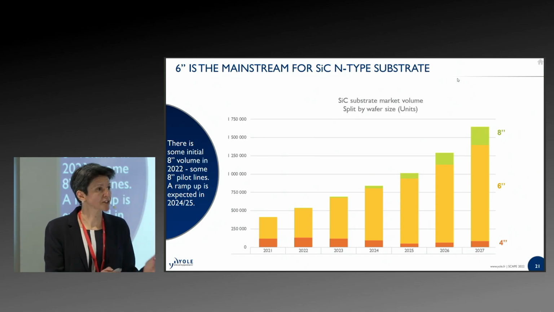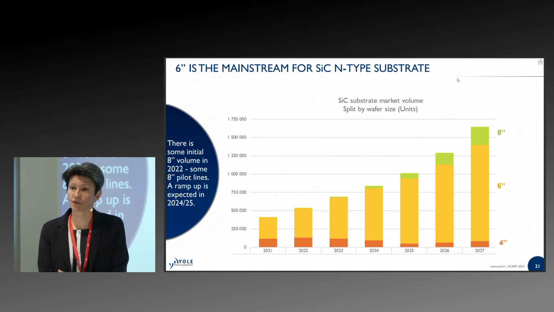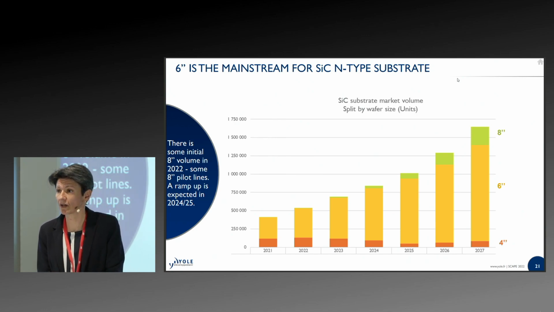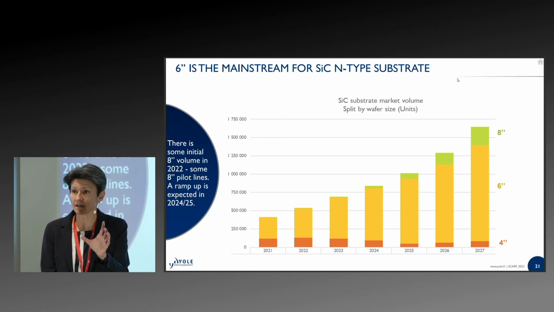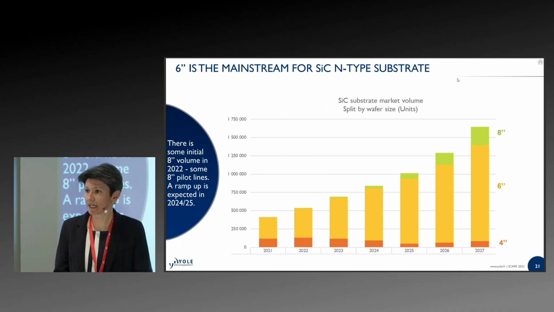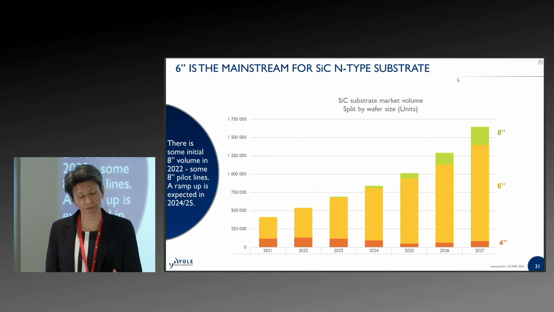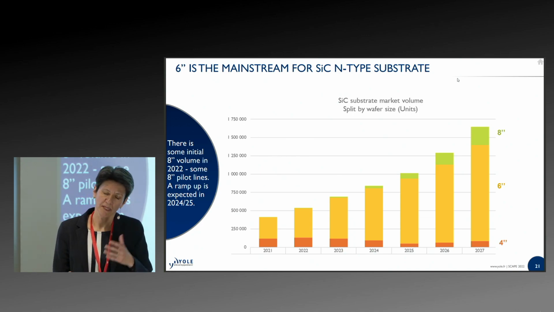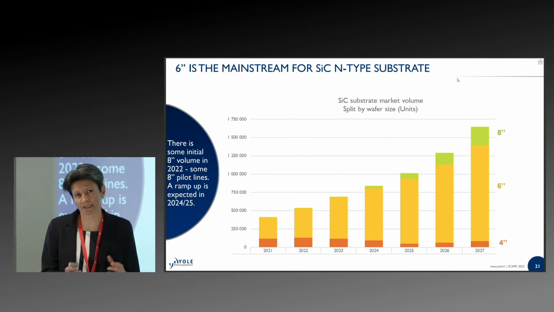I just wanted to share a few words on the substrates. Today, the majority of the market is being addressed with 6-inch wafers, so this is more at the N-type silicon carbide substrates. We are seeing players active with 8-inch qualifications. We've heard about the gigafab, megafab by Wolfspeed.